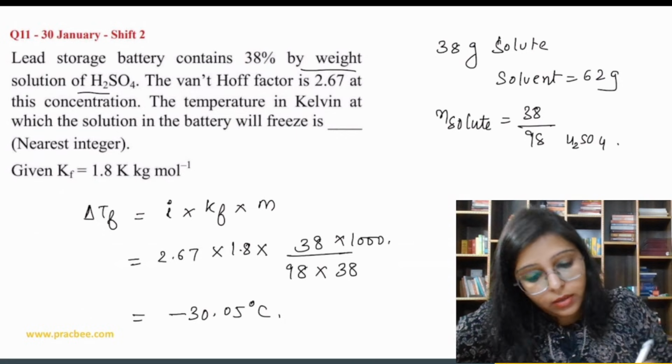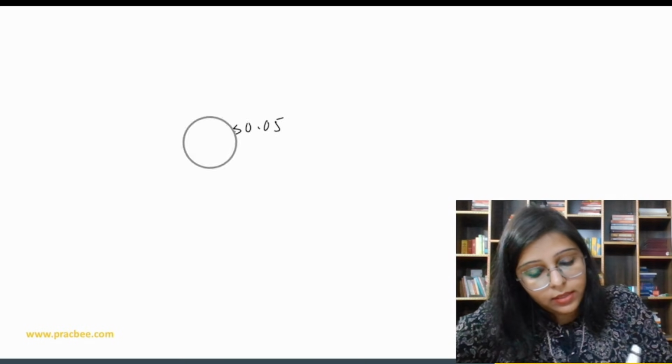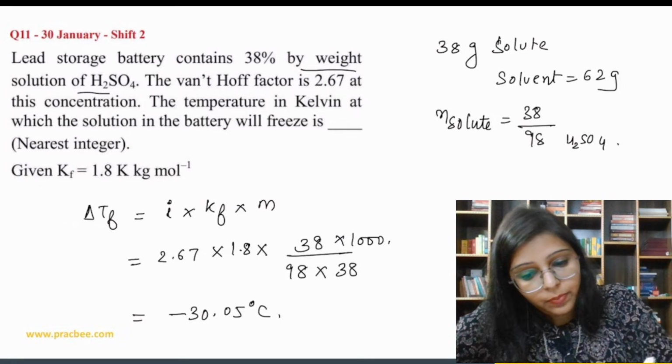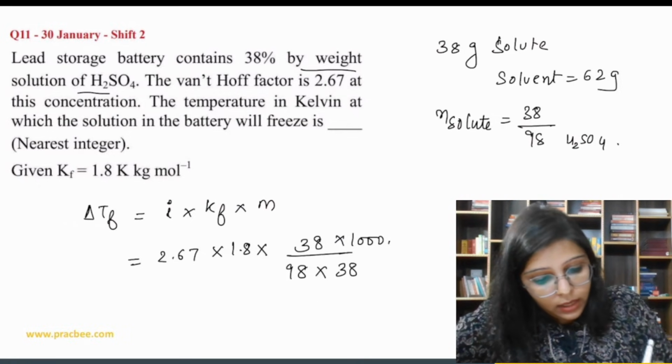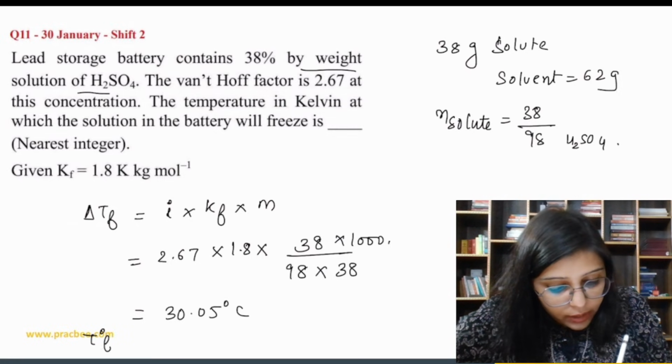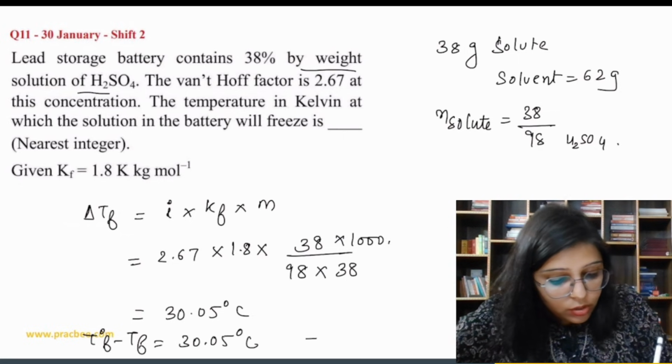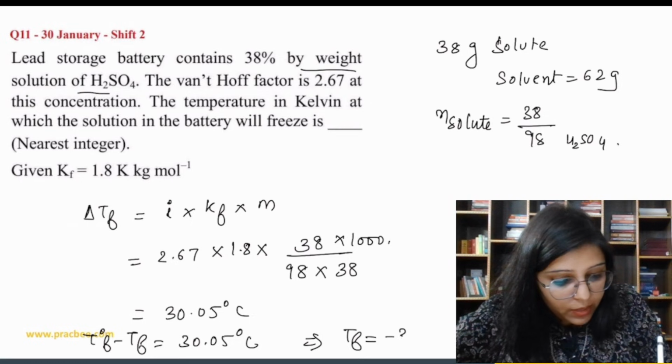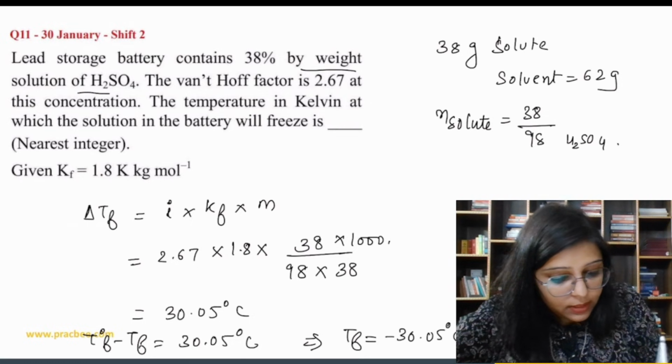Do not write this thing, because we have already solved this now. See, here this comes out to be 30.05 degrees Celsius. So we can say that T0f minus Tf is equal to 30.05 degrees Celsius. So from that Tf is equal to minus 30.05 degrees Celsius. Why?